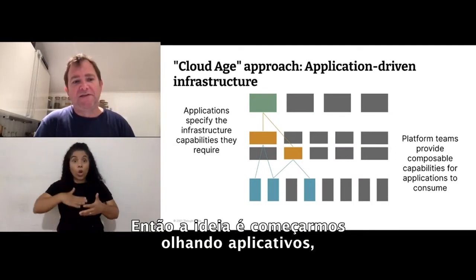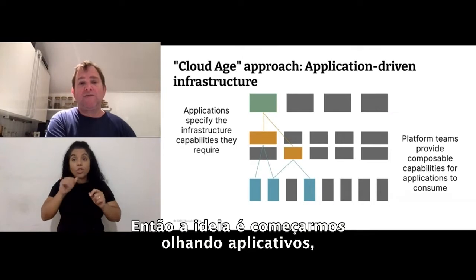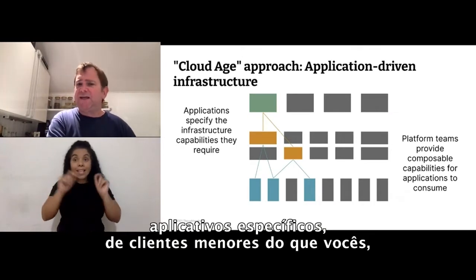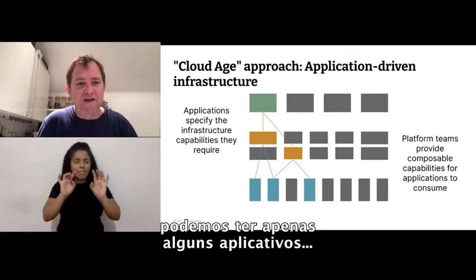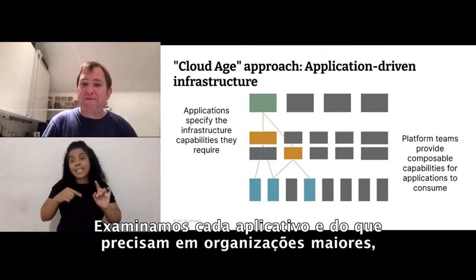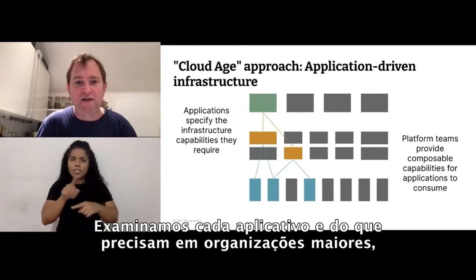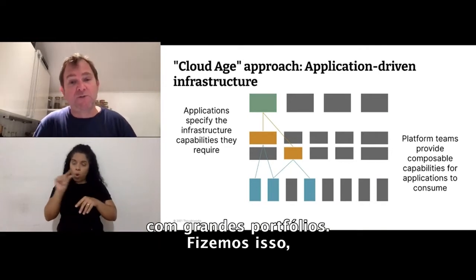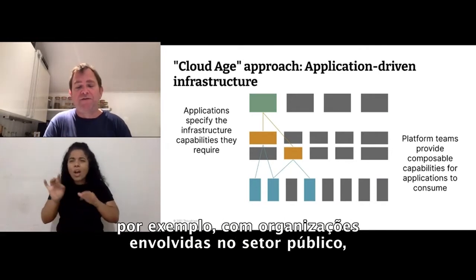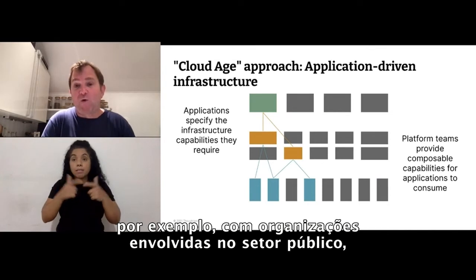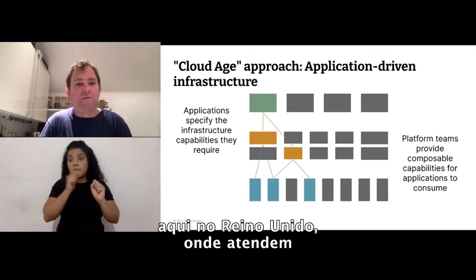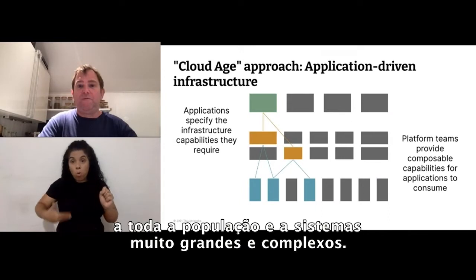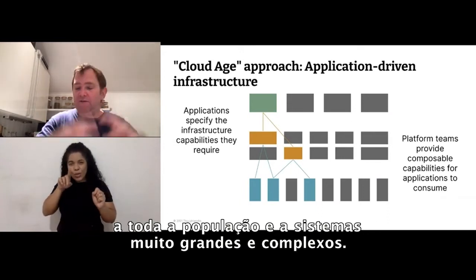This is the idea that we start by looking at the applications. With smaller clients than you folks, we might have just a few applications, so we look at each application and what it needs. With larger organizations with large portfolios, we've done this with, for example, organizations in the public sector here in the UK, serving the entire population with very large and complex systems.